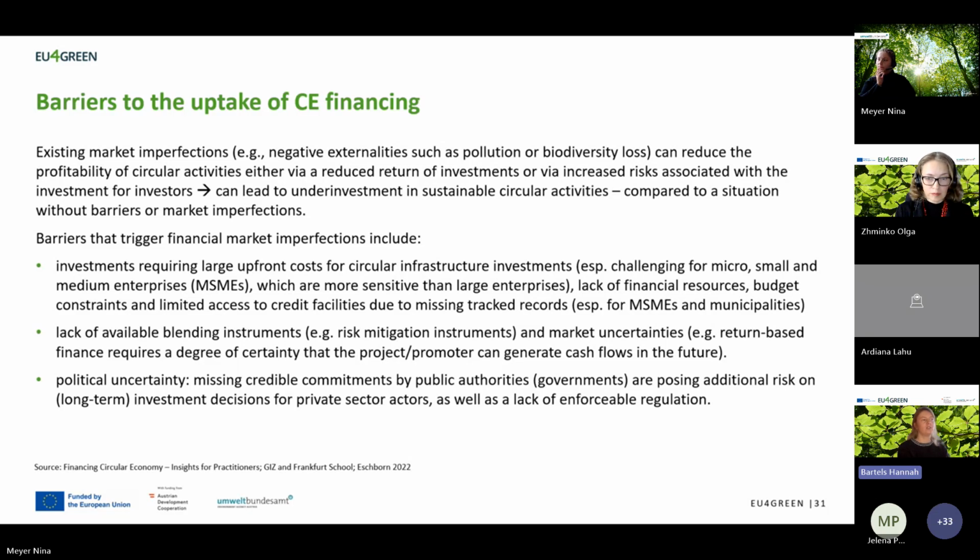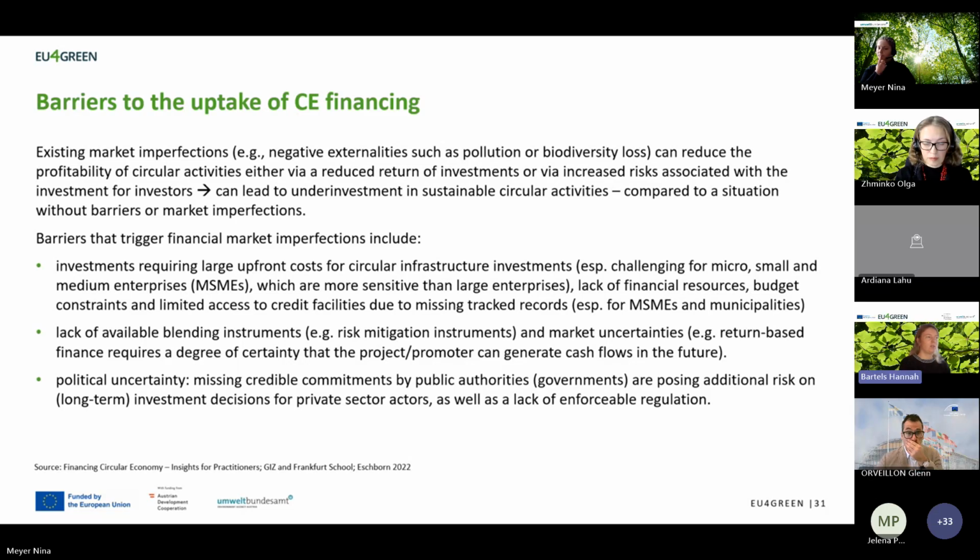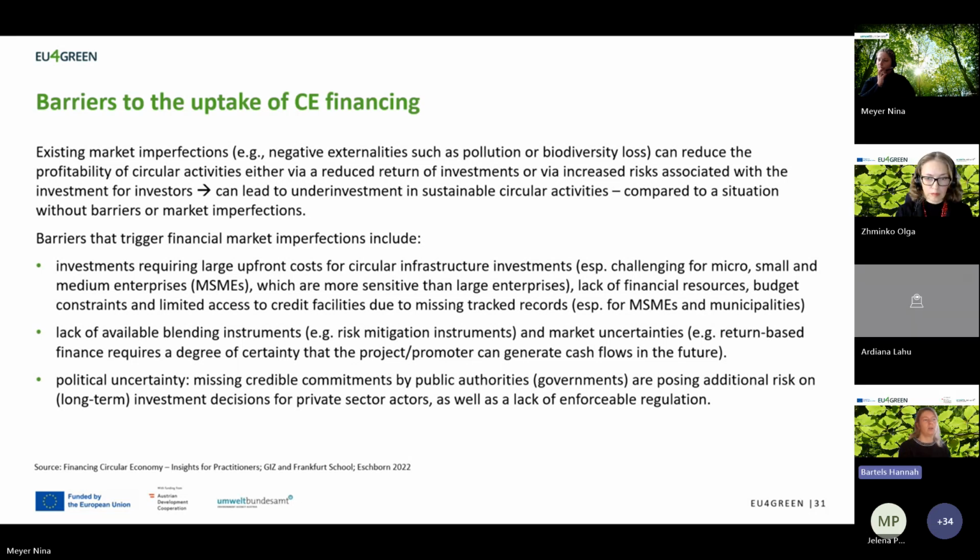On the one hand, we have investments that require large upfront costs for circular infrastructure, which is in particular challenging for SMEs. But also we see a general lack of financial resources, budget constraints, and limited access to credit facilities, which can be associated with missing track records. That's also particularly relevant for SMEs and municipalities.